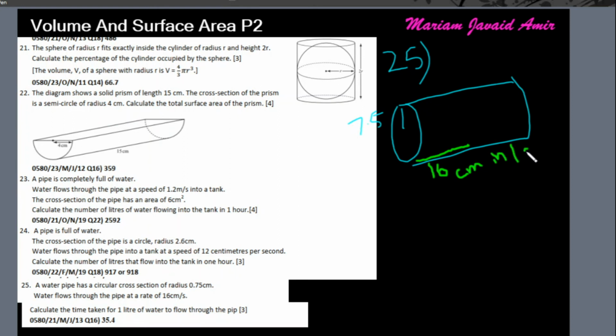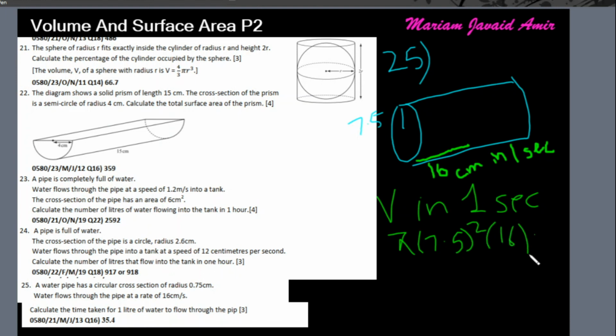So we can find the volume in 1 second now. Volume in 1 second will be pi r squared times height, which will be pi times 7.5 squared times 16.